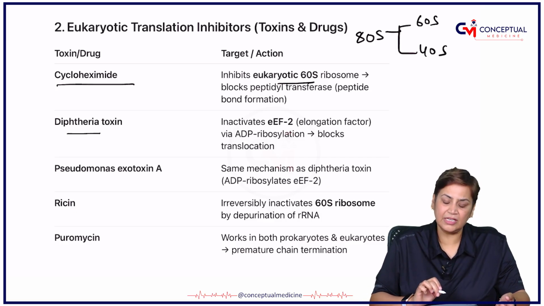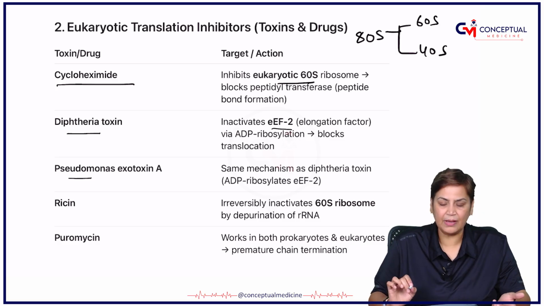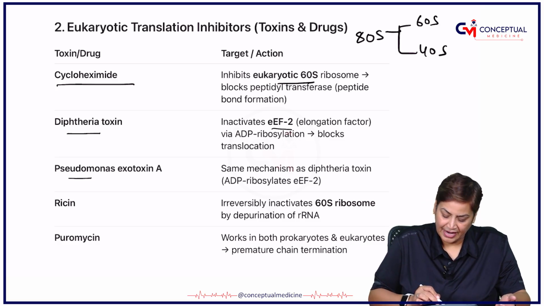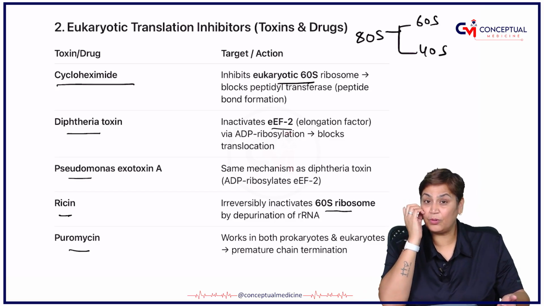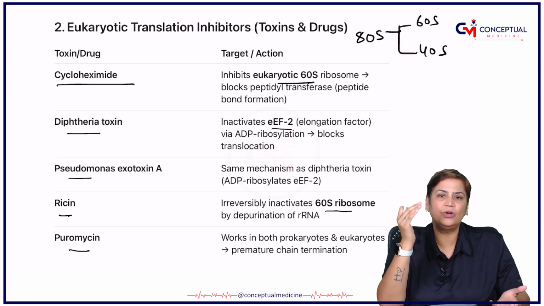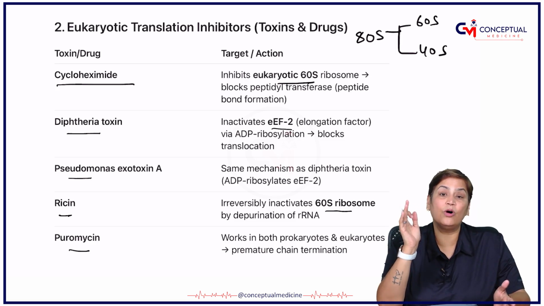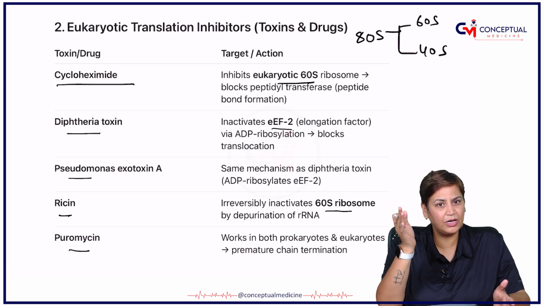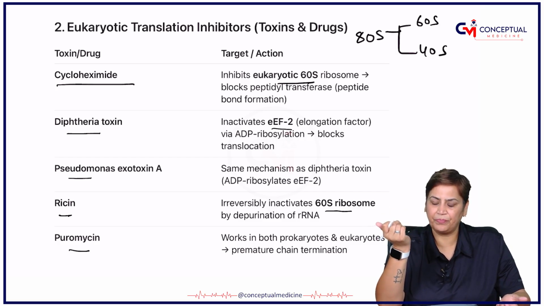Then diphtheria toxin inactivates the EF2 elongation factor. Pseudomonas toxin has the same mechanism as diphtheria toxin. Ricin inactivates the 60S ribosome, and puromycin works in both, causing premature chain termination. So these are the inhibitors of translation, very, very important, prokaryotic inhibitors and eukaryotic inhibitors, right.